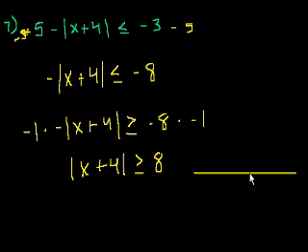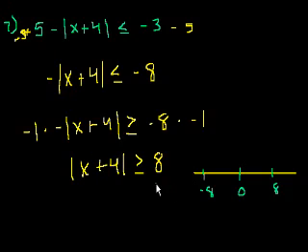So if this is 0 right here, and this is positive 8, and this is minus 8, the absolute value of whatever this quantity is greater than 8, that means its distance from 0 has to be greater than 8.